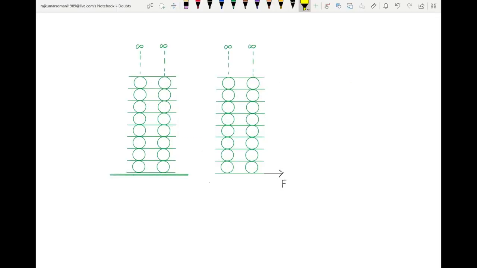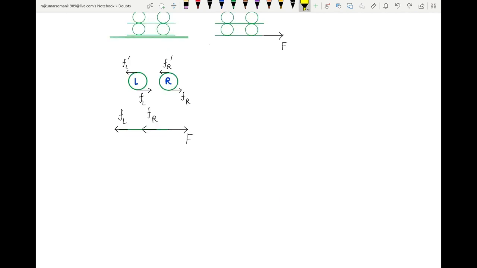Let's say the bottommost plank is being pulled with the force F, which results in its acceleration A. So let's try to draw a free body diagram of the bottommost plank and the two bottommost cylinders named L and R. Now let FL be the friction force between the cylinder L and the bottommost plank, and let FR be the friction force between the cylinder R and the bottommost plank.